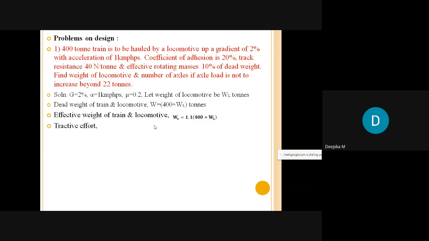Next, the tractive effort we need to calculate. We know that the tractive effort formula is 277.8 WE alpha plus 98.1 W G plus W R. So this is the formula for tractive effort. Let us substitute the values. First, let me take W common, and WE by W will be 1.1, so we substitute that here.